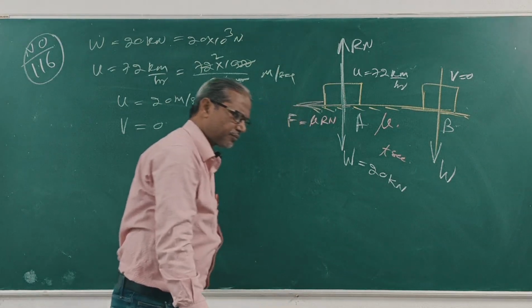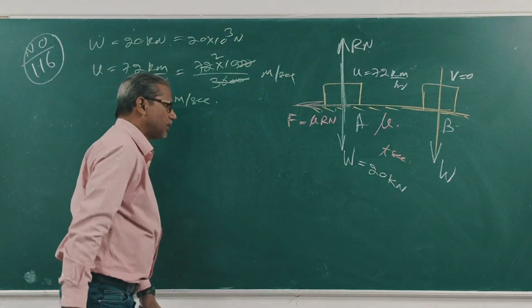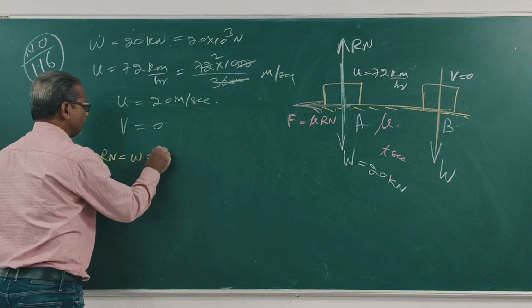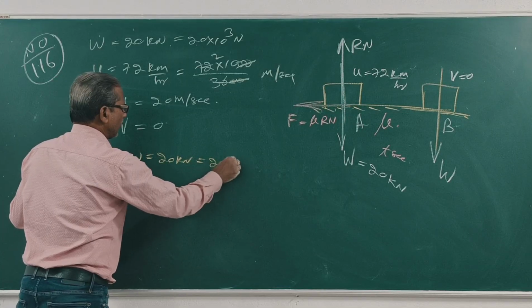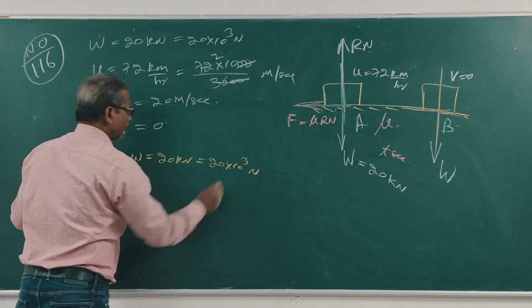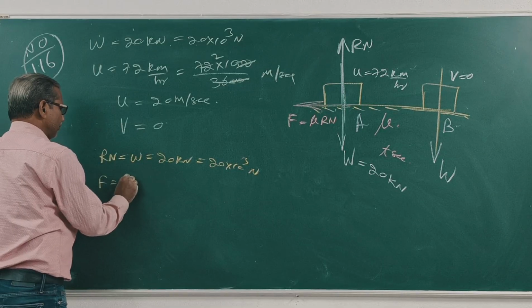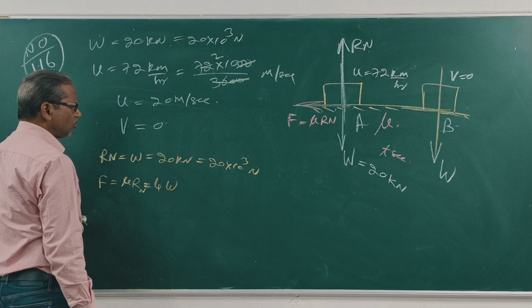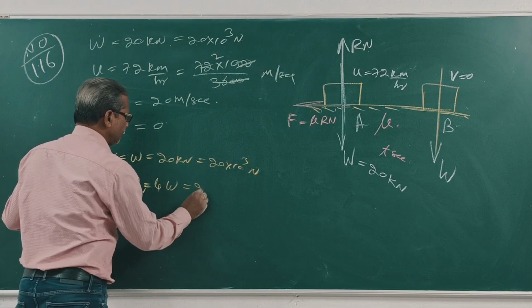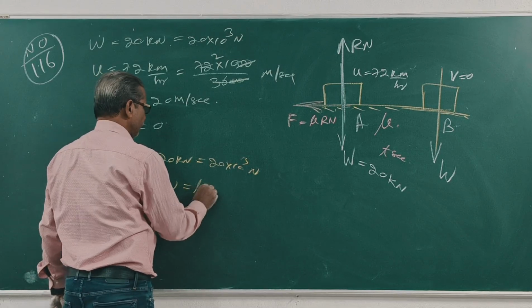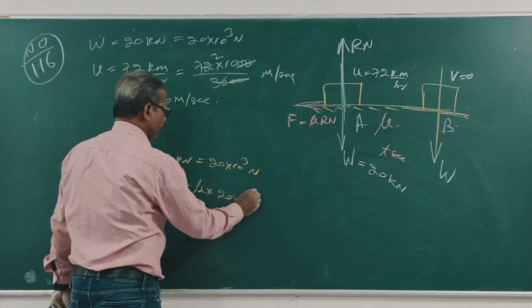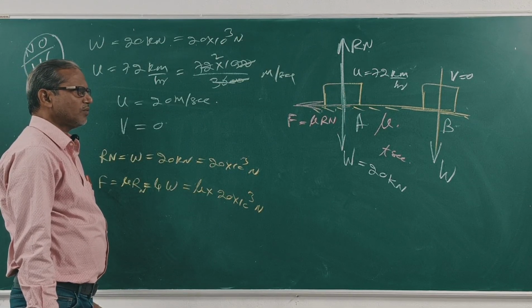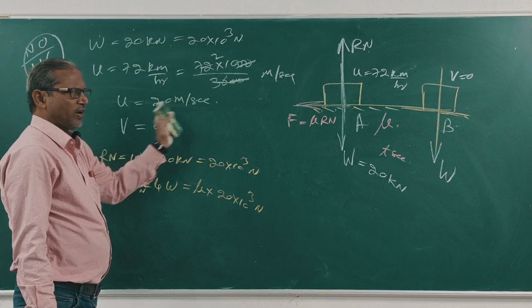Now, what is Rn? Rn is equal to W, 20 kilonewton, 20 into 10 to the power 3 Newton. F is mu Rn, so mu into W. Clear? So no force is acting towards the right side, only the frictional force mu Rn is acting towards the left side.